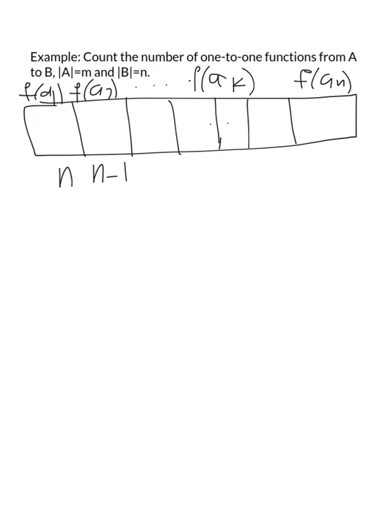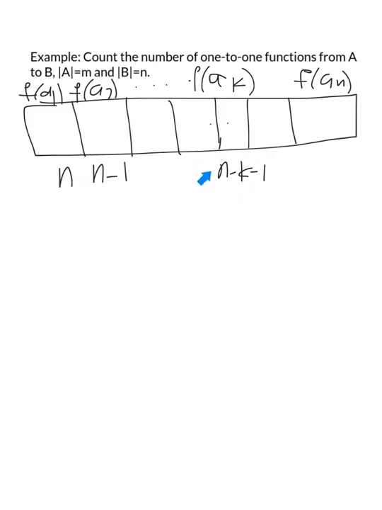Therefore, the total possibilities for sending ak somewhere for any function is n minus k plus 1, because any function has already sent a1 through a(k-1) somewhere, and it cannot send ak to those elements which are already the image of something.